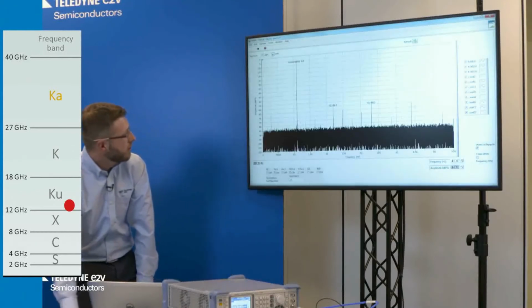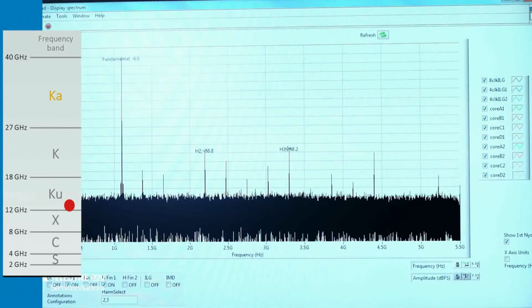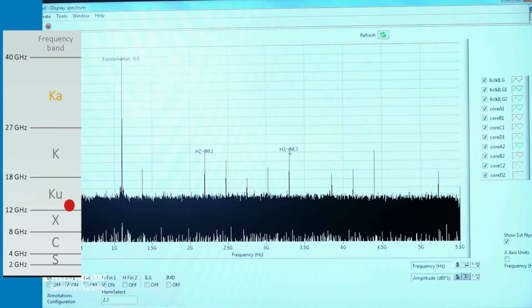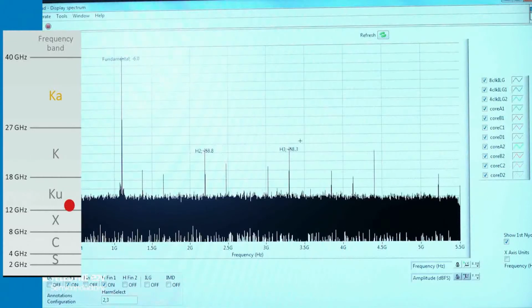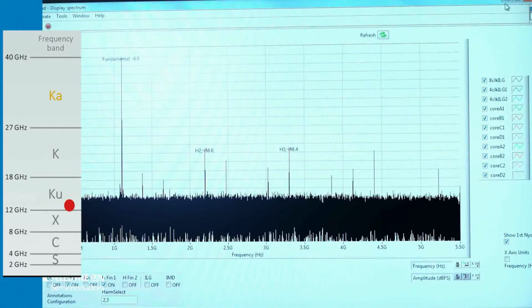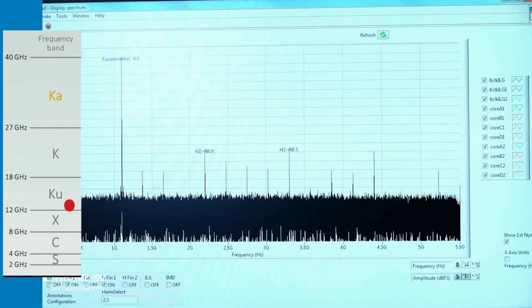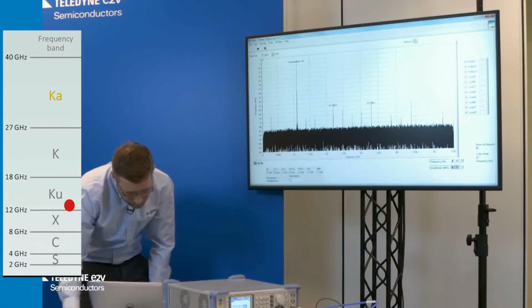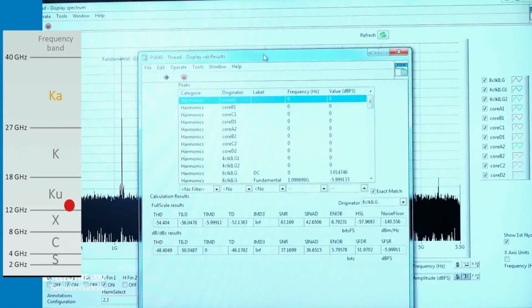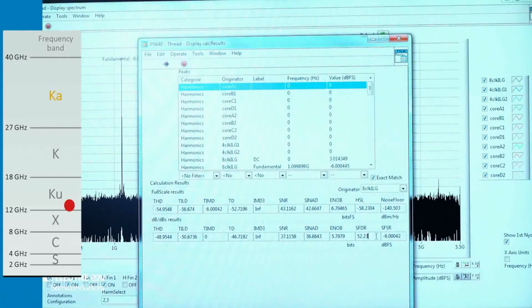So you see the update of the fundamental tone folded from the 12.1 gigahertz with the harmonics, again, H2 and the third harmonic at 58 dB relative to the full scale. In terms of performance, the SFDR here is around 52 dB relative to the carrier.